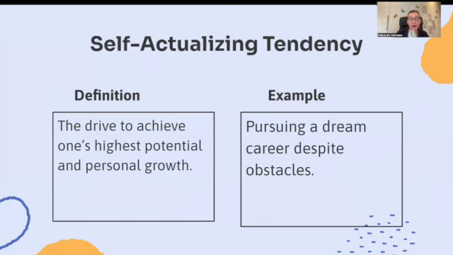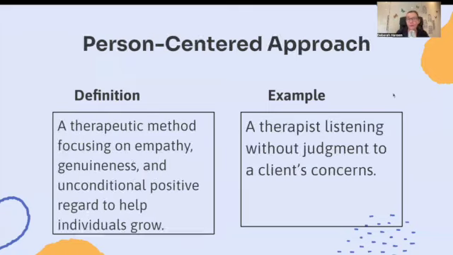The definition is the drive to achieve one's highest potential and personal growth. For example, pursuing a dream career despite the obstacles. Person-centered approach. The definition is a therapeutic method focusing on empathy, genuineness, and unconditional positive regard to help individuals grow. For example, a therapist listening without judgment to a client's concerns.